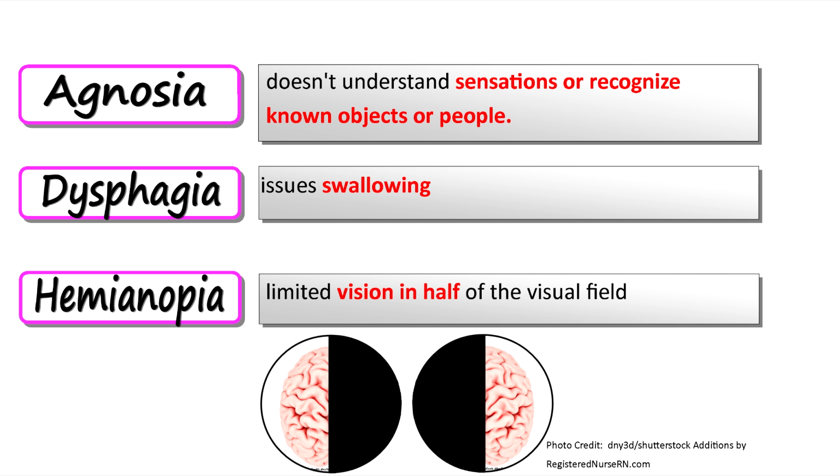So whenever you look at this word, just dissect it. Hemi means half, opsia deals with the eyes, so know that this is an issue with the eyes. And as the nurse, we really have to watch out for them with injury and teach them how to scan their environment whenever they have this type of condition, which we'll really talk about more in our nursing interventions.